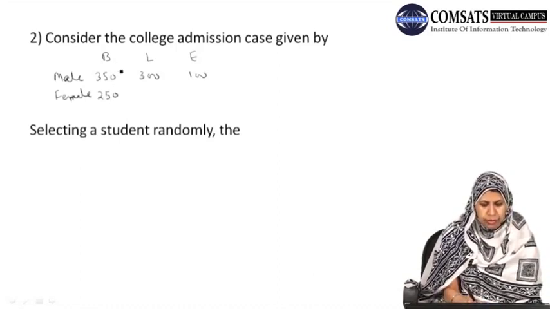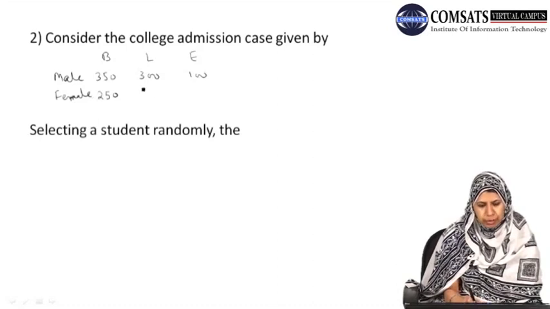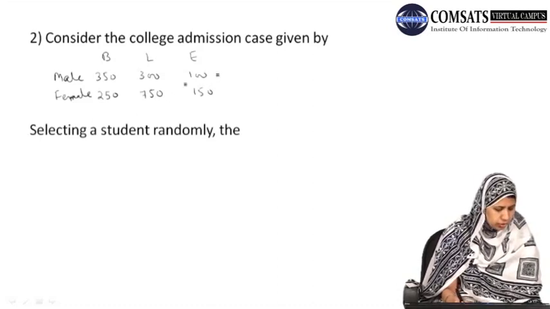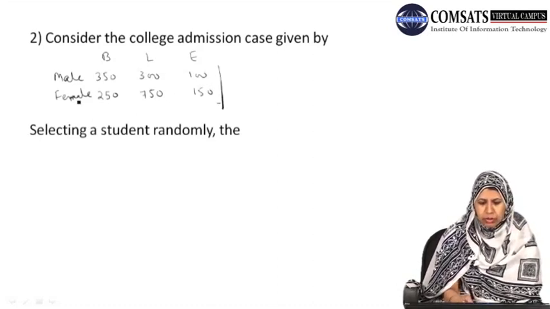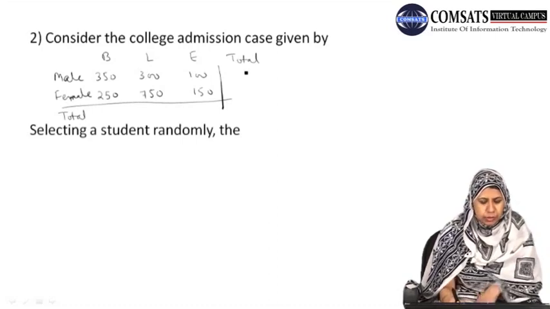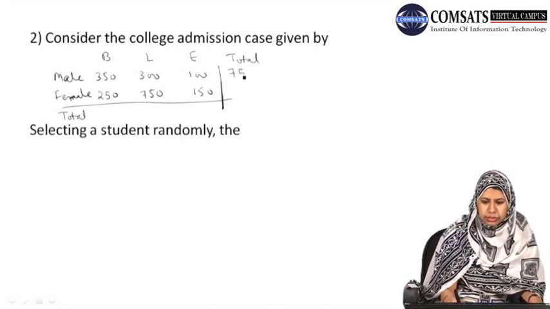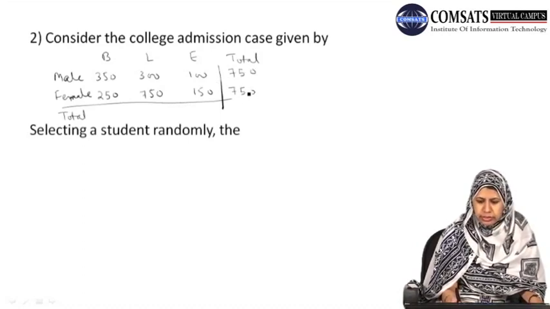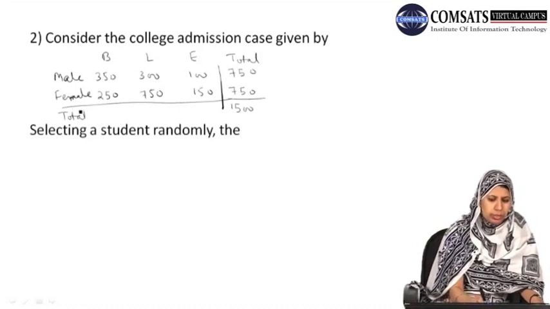In the case of female students, 250 of them will study business, 750 will study law and 150 will study engineering. And now the totals on both of the sides. So the total number of male students is 750. The total number of female students is also 750. So the total number of students is 1500.